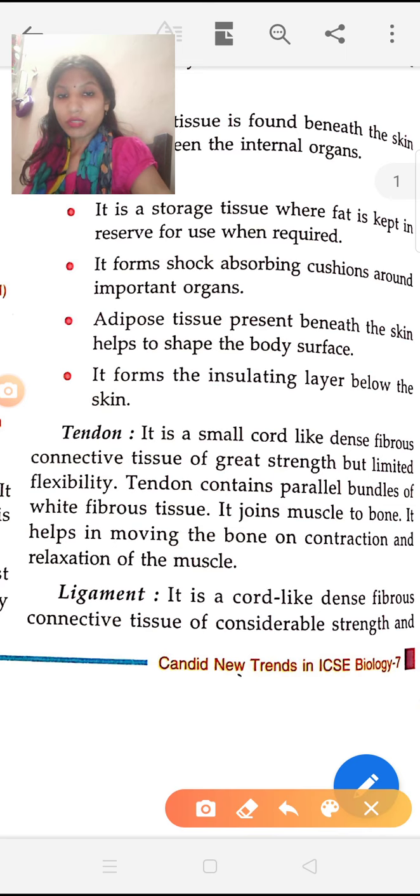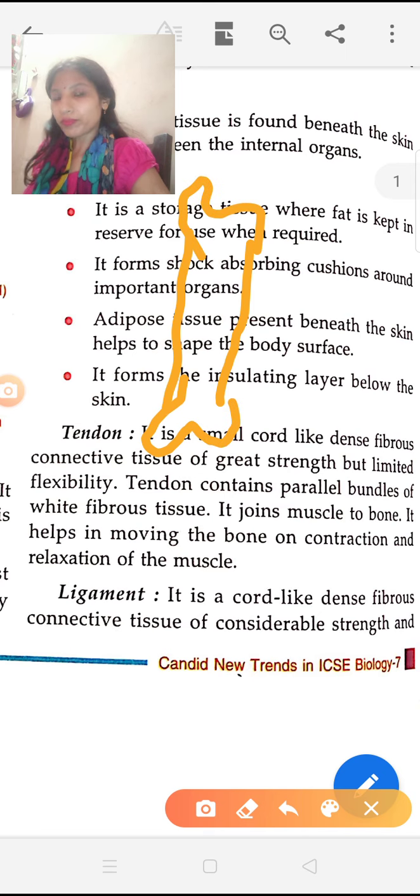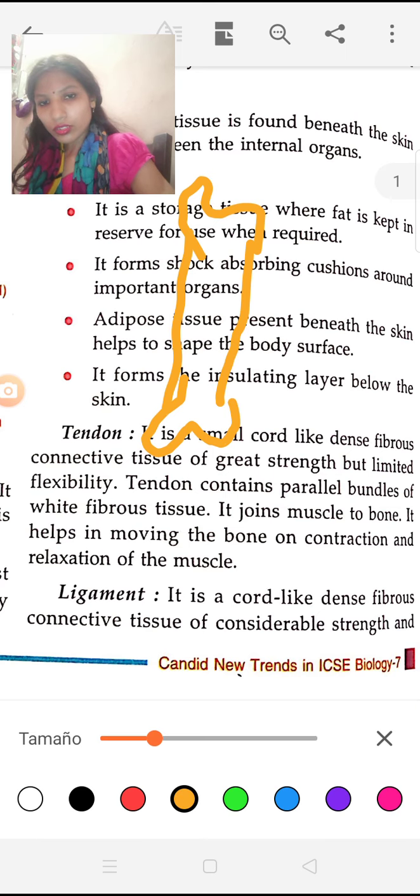Here also I would like to draw a diagram by which you can understand. Suppose that it is the bone, and this is the muscles.